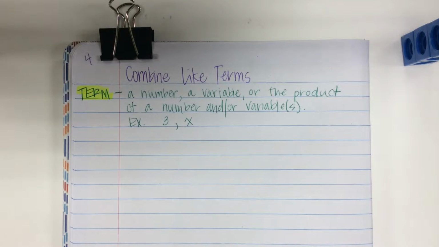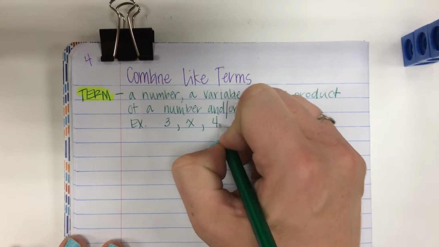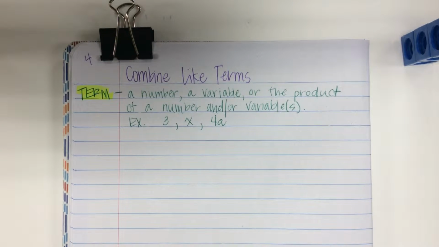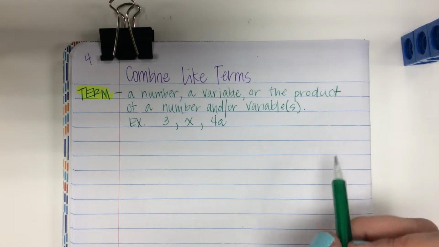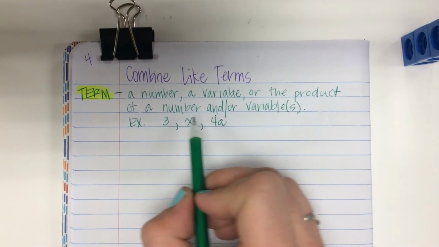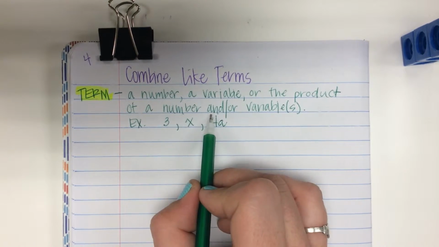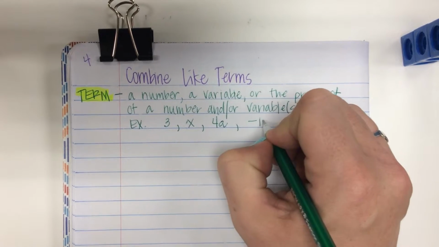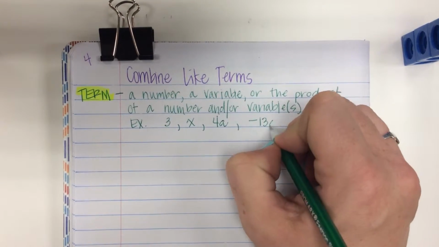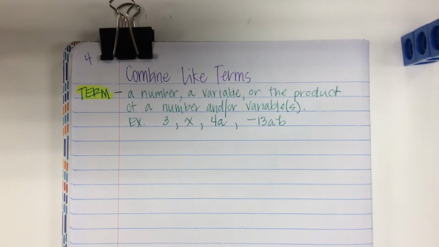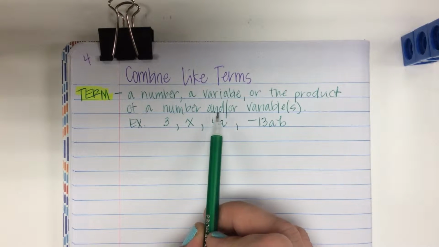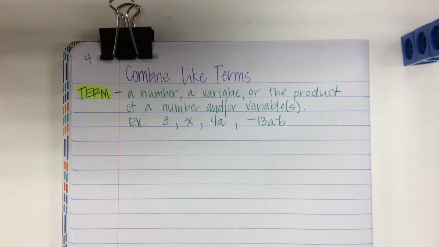It's a variable. 4A is a term because it's the product of a number and a variable. Negative 13AB. It's a term. It's the product of a number and variables.